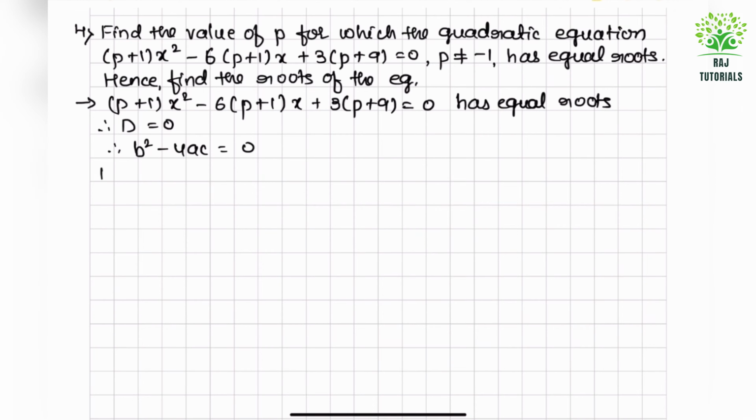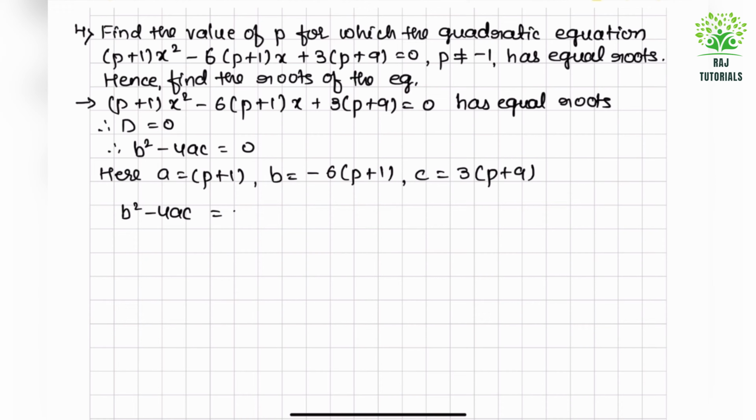Here a = p + 1, b = −6(p + 1), and c = 3(p + 9). So b² − 4ac will be (−6(p + 1))² − 4(p + 1)(3)(p + 9).